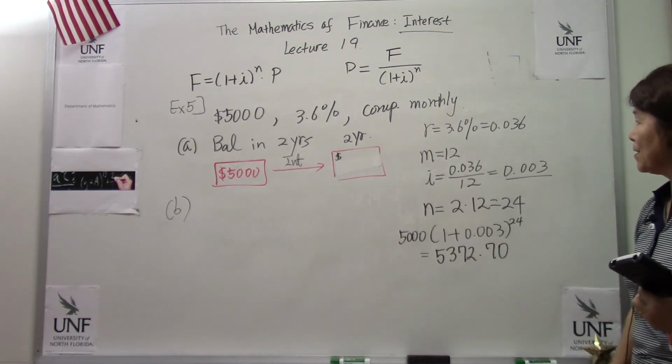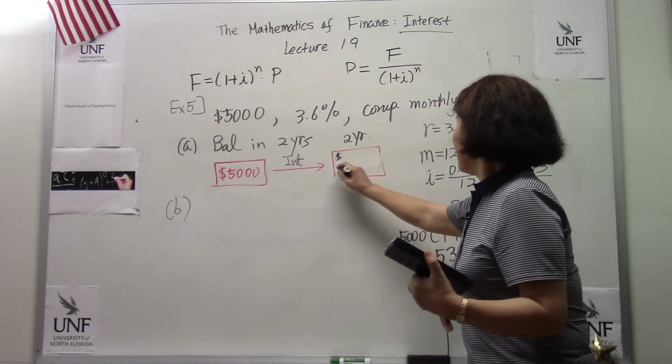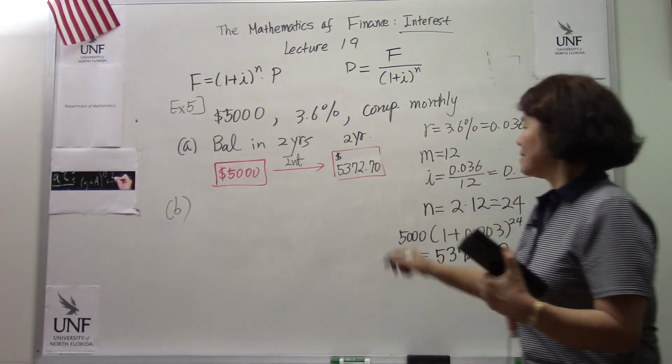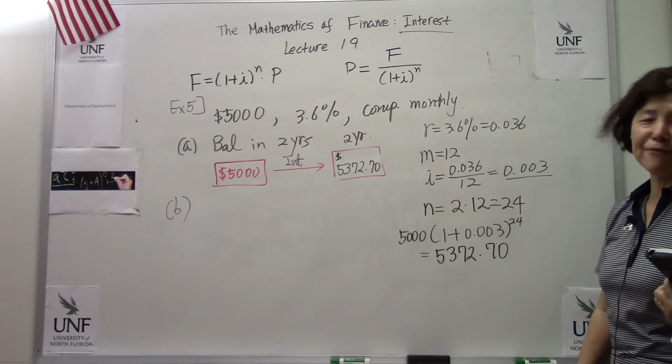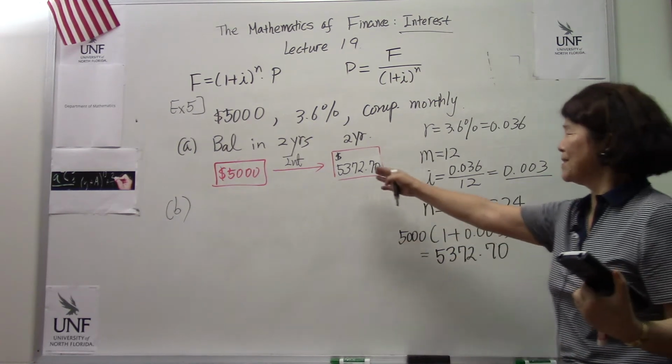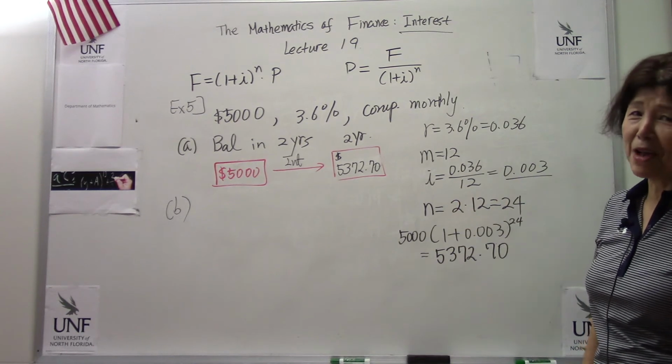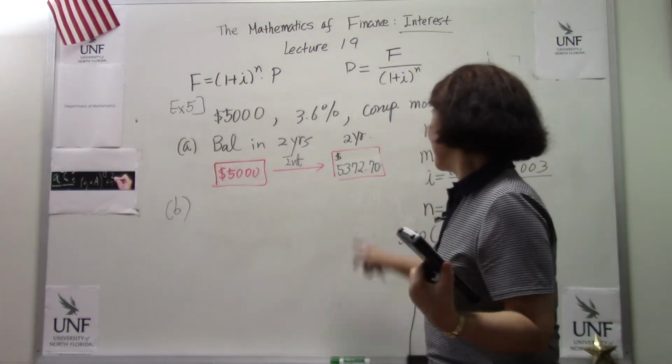This is the right amount. The money doesn't grow that fast. Over 6,000, I was thinking, oh my goodness, what is this bank? I want to go to this bank, but that's not true.